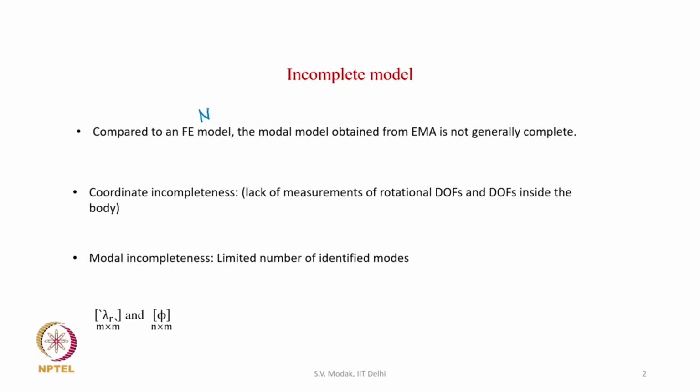It is a diagonal matrix and there are m eigenvalues on the diagonal. So, when these matrices are compared with the degrees of freedom of the FE model, we see that their order, the number of rows and columns in these matrices, is far less than the degrees of freedom N, capital N, of the FE model. Therefore, the model we obtain is incomplete when compared with the corresponding FE model.